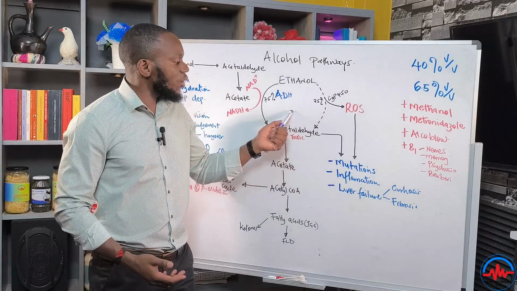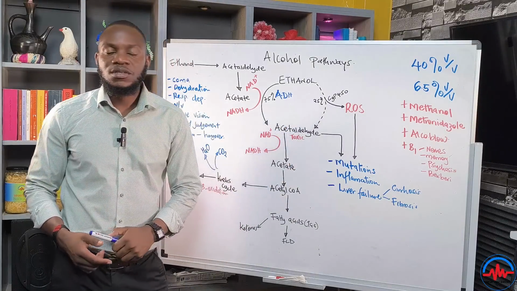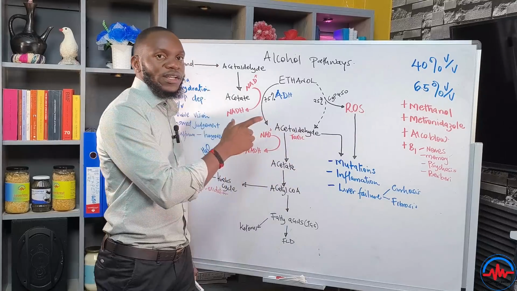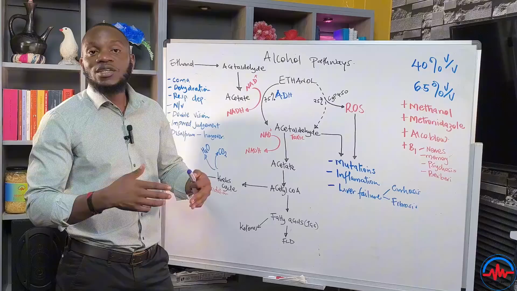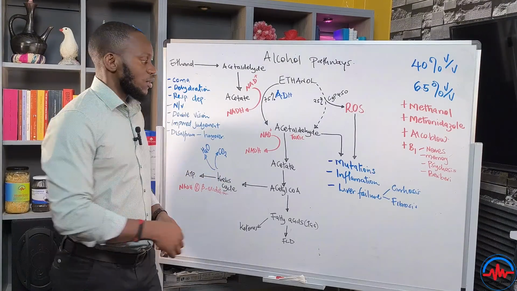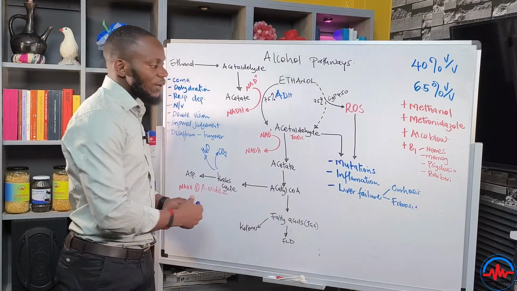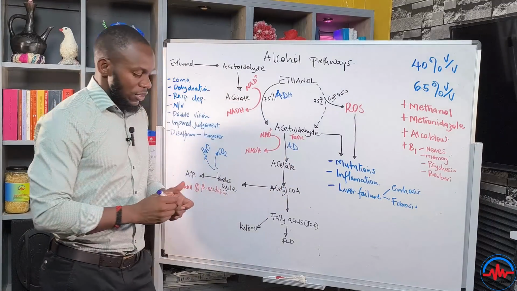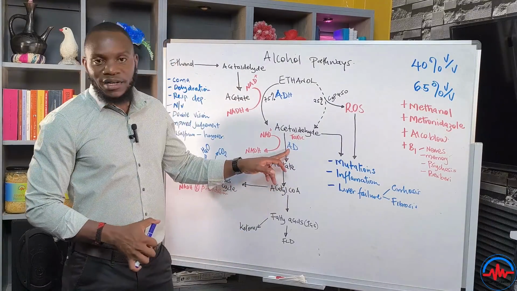Therefore, this has to be broken down fast and taken out of the system to prevent toxification. This means it has to be broken down further so that we get water and carbon dioxide, which we exhale and also urinate out. So acetaldehyde is broken down by another enzyme called acetaldehyde dehydrogenase, or aldehyde dehydrogenase.